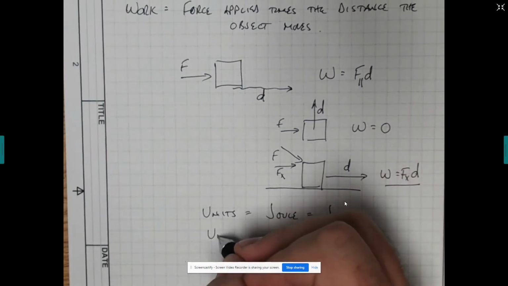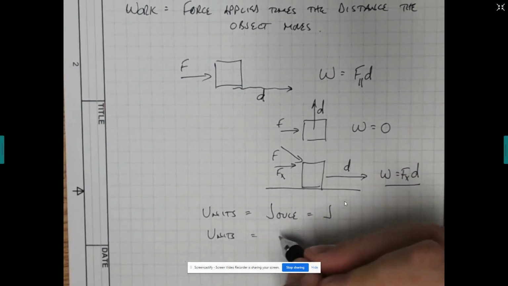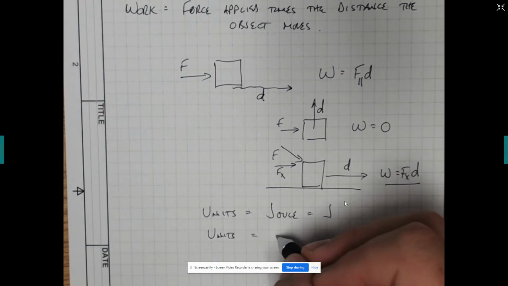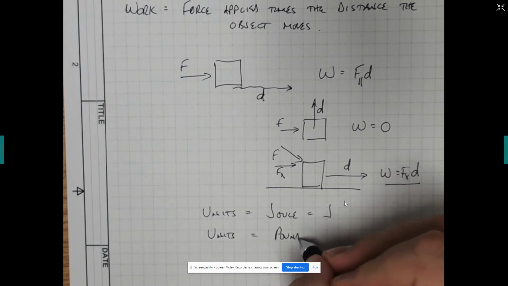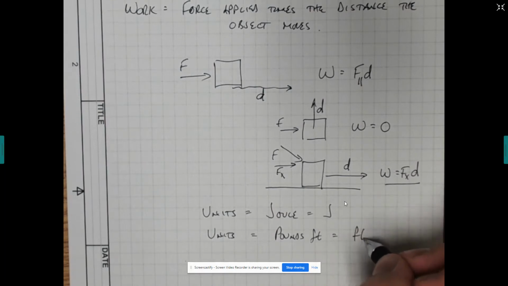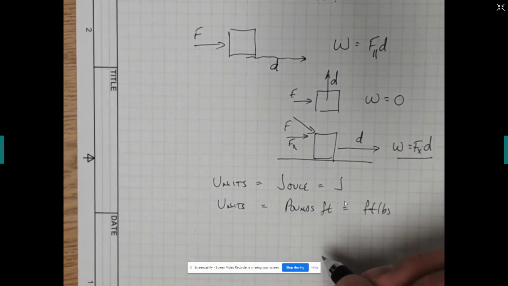And so the units in the English system are pounds of force that we're pushing with times the feet. Pounds times feet. And we just write that as foot pounds. Okay? So that is work.